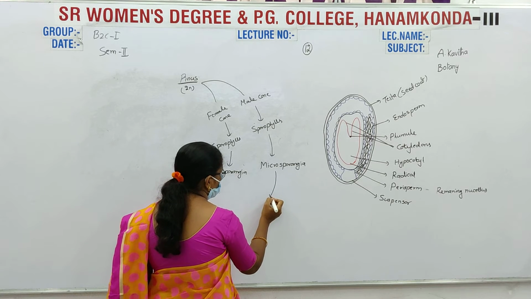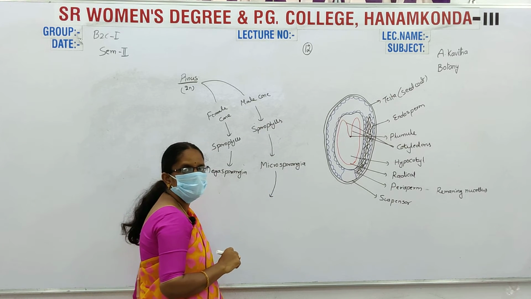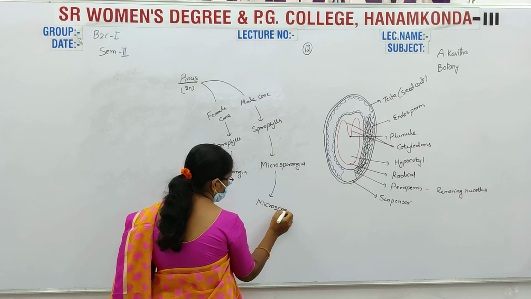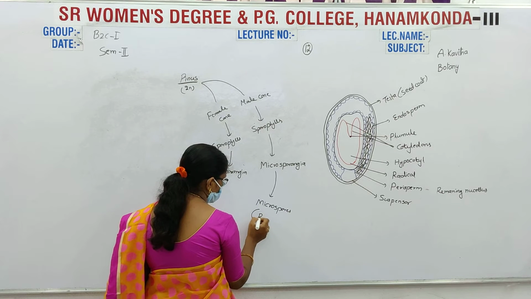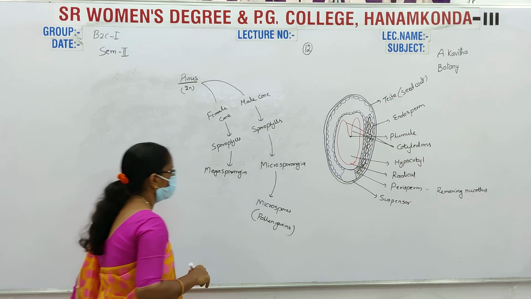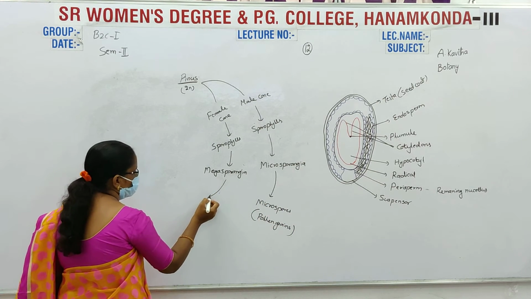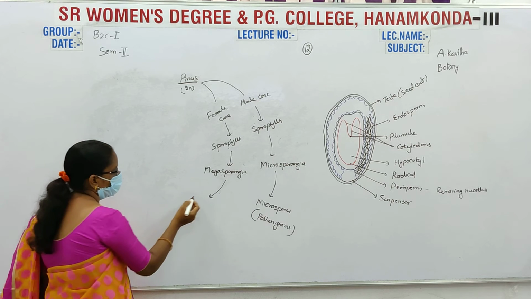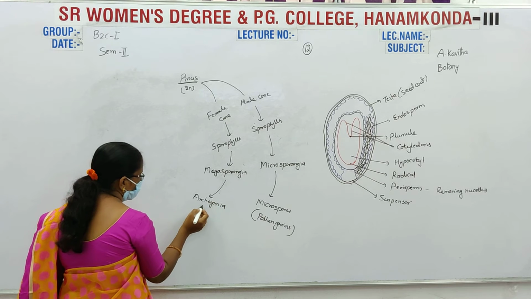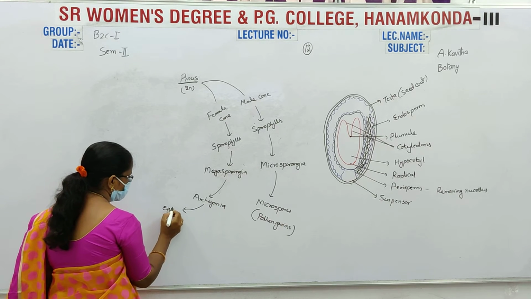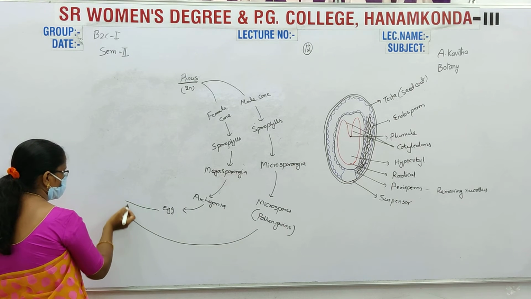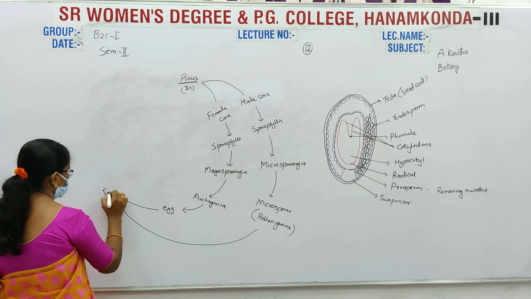The microsporangium produces microspores. These microspores are called pollen grains. The megasporangium develops the archegonia. The archegonia develop the egg, and the pollen grains fuse with egg cells in fertilization.